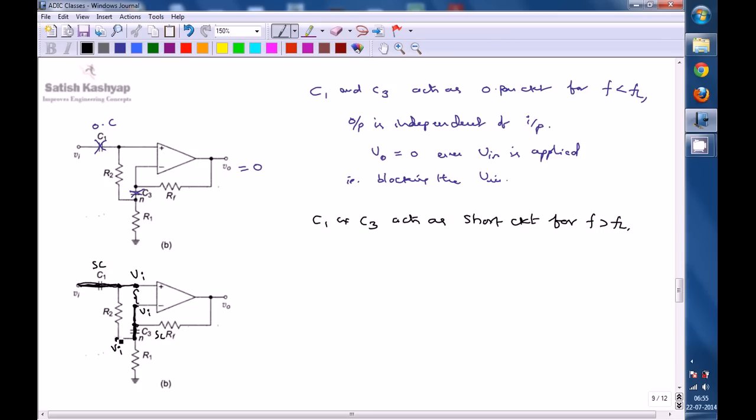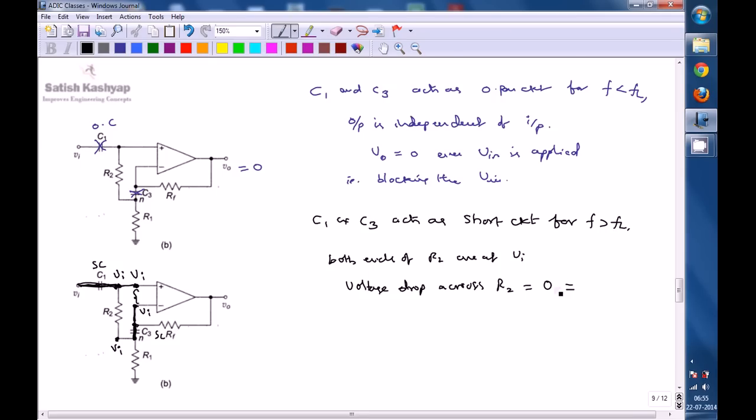Now if you observe, both ends of R2 are at Vi. So the voltage drop across R2 is Vi minus Vi, which is 0.